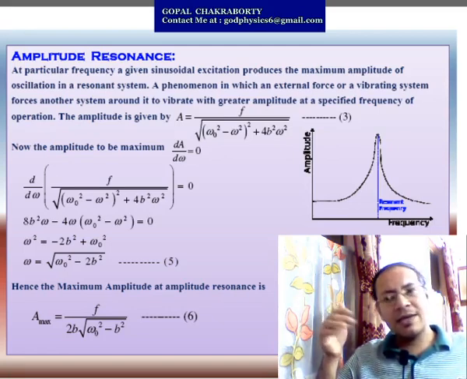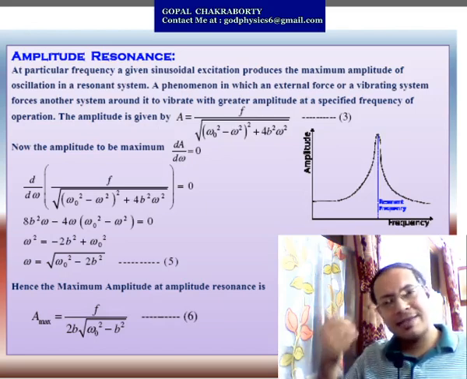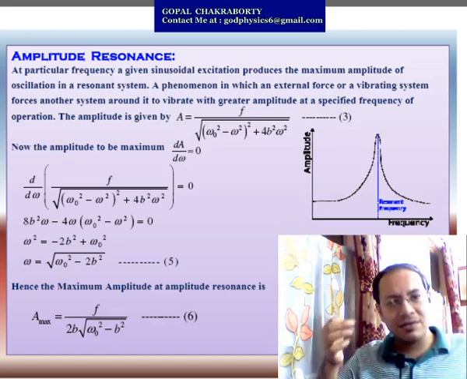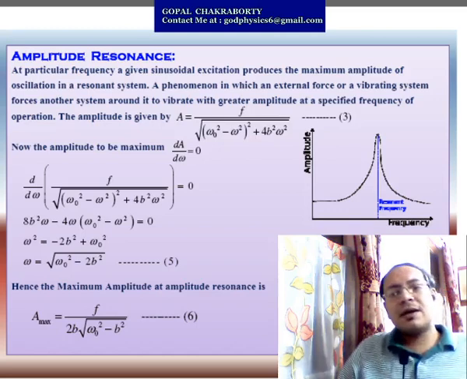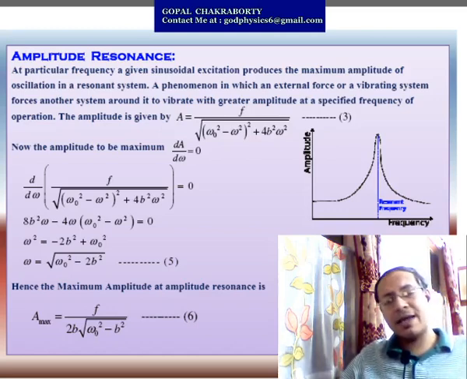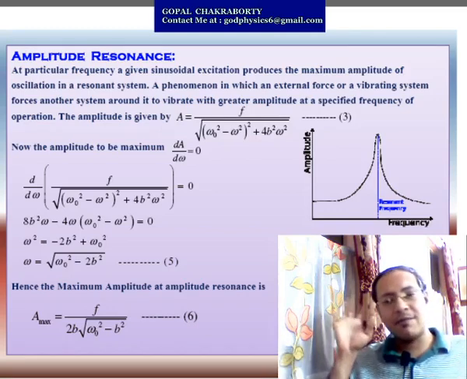So here I will apply the same concept. As we know, the value of A equals F divided by the square root of (ω₀² − ω²)² plus 4b²ω². From the graph you can see that at a particular frequency you will get the maximum of amplitude.